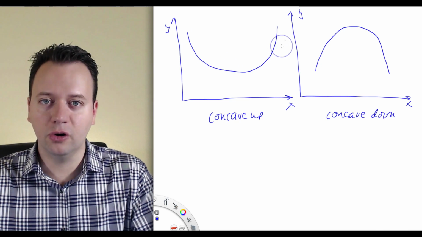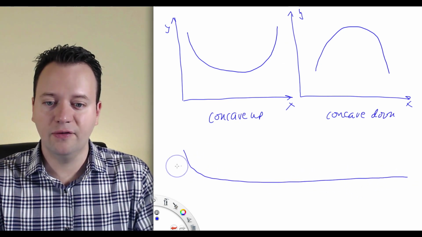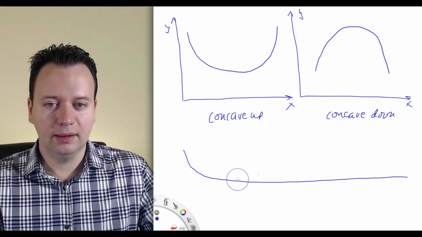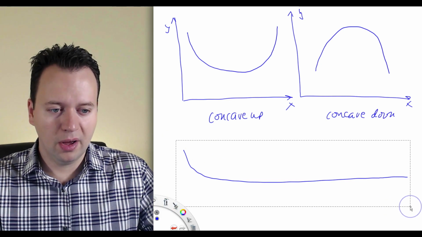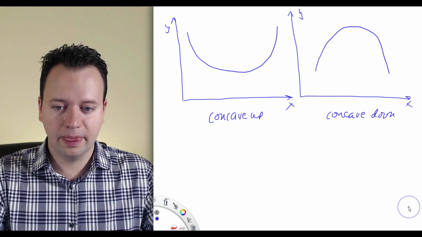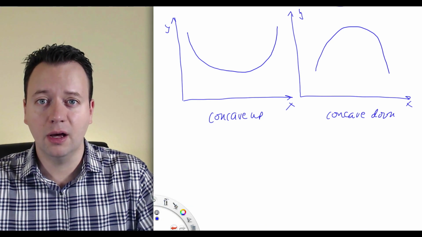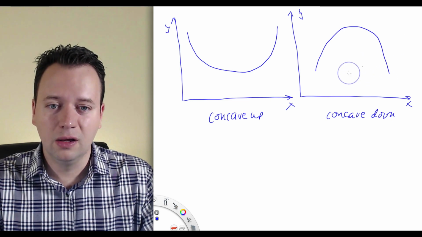Now it doesn't have to curve. You can have something that looks just like that, and then levels up. That would be concave up for everything you see. It doesn't have to actually bounce all the way back up. But anything with this general shape is going to be concave up, and anything with this general shape is concave down.